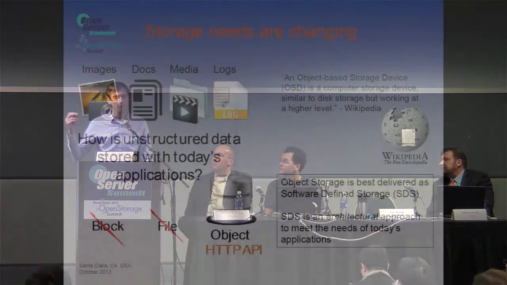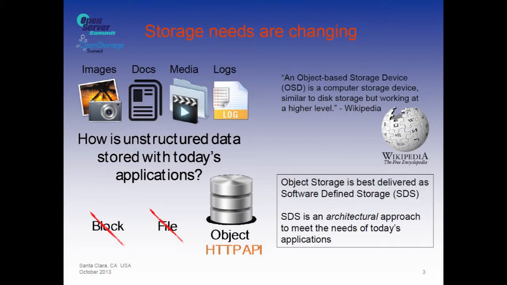So the type of data is things like images, documents, media, log files, backups. Those are the types of things that are being stored in an object interface, not a database, not a running virtual machine, because we can't do POSIX compliance. We can't lock a file system.